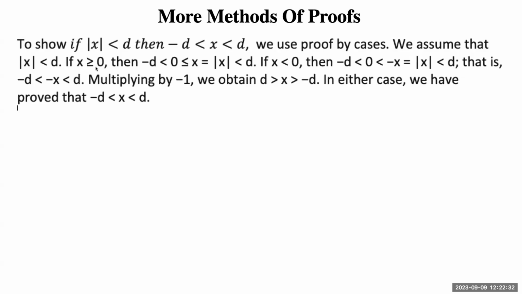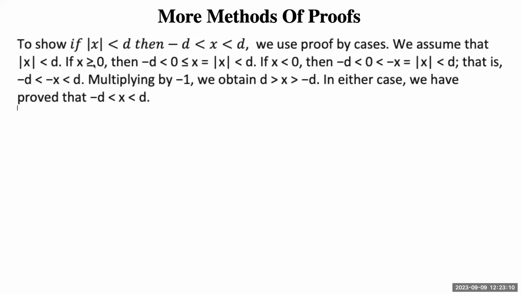Remember, the definition of absolute x: if x is positive, then absolute x is x, and if x is negative, then absolute x is negative x. That's our basic definition of absolute value. So it's a piecewise function, so that's why it has two cases.